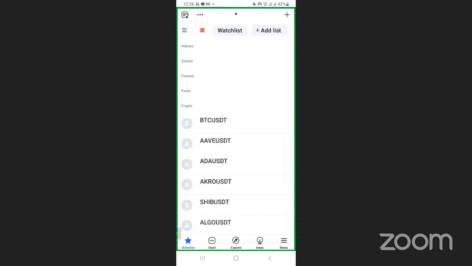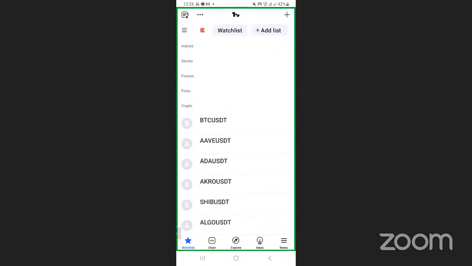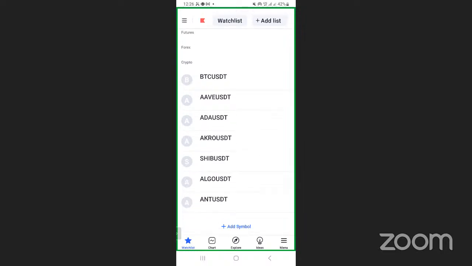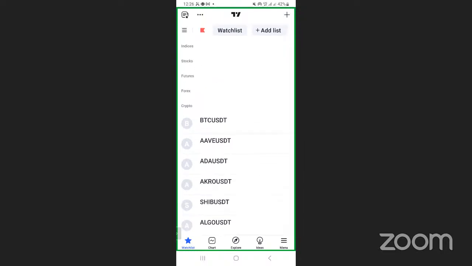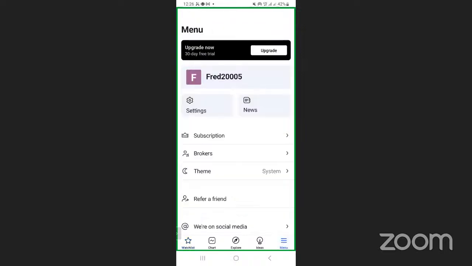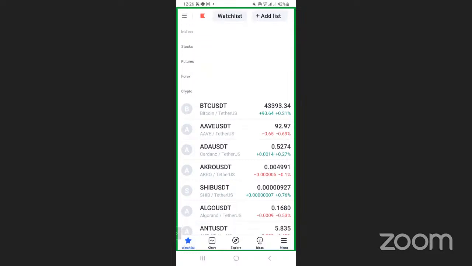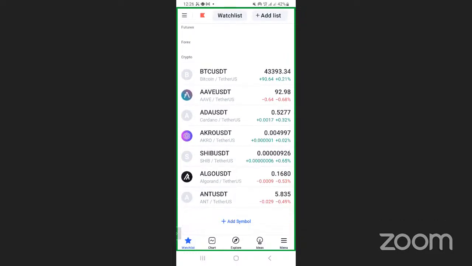What I mean is that at this point you have your TradingView set like this. One, you open your account on TradingView in your name, like mine is Fred and those digits. Two, you have made your watch list, like this is my watch list as of now.